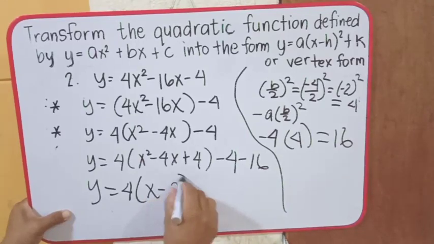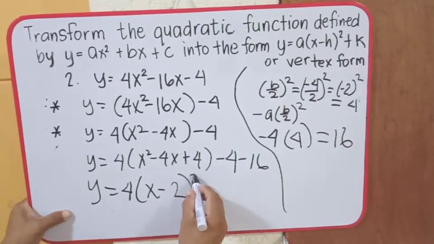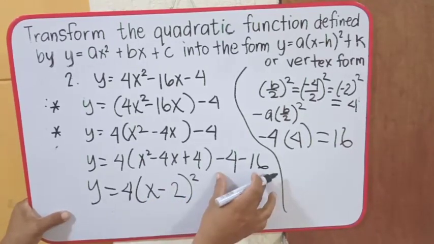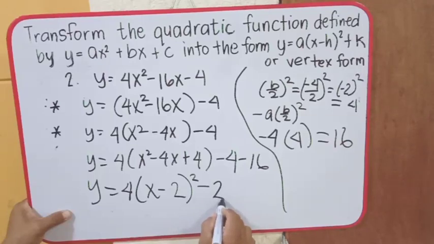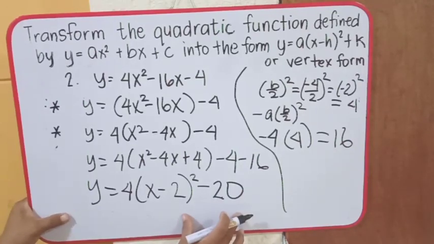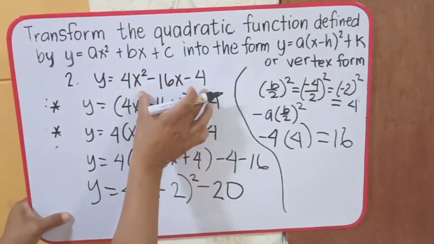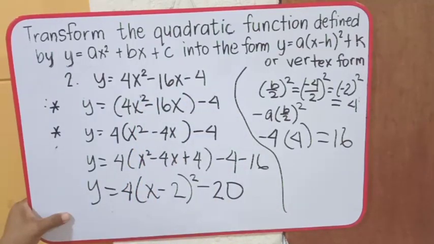Negative. At lalagyan lang natin siya ng square. Then, simplify ang constant, negative 4, negative 16, that is negative 20. So, ang vertex form ng 4x squared minus 16x minus 4 ay y equals 4 times the quantity of x minus 2 quantity square minus 20.